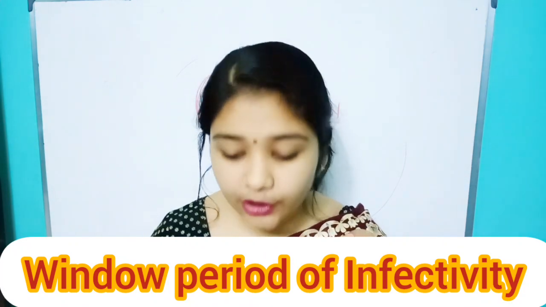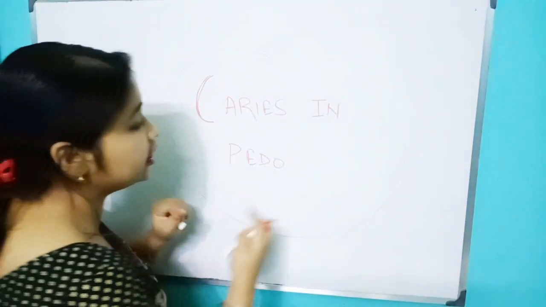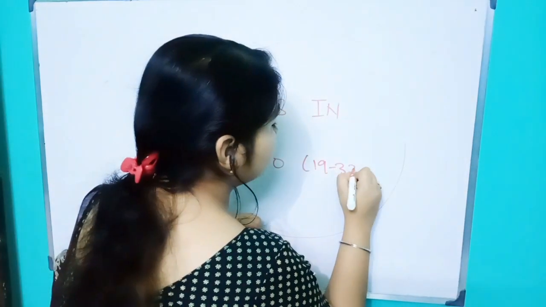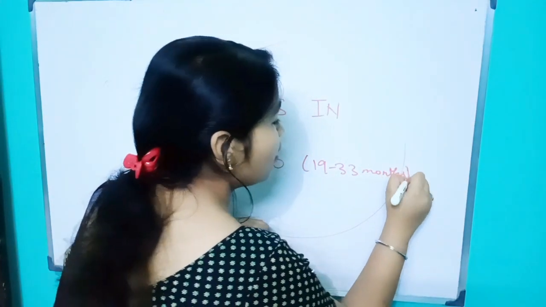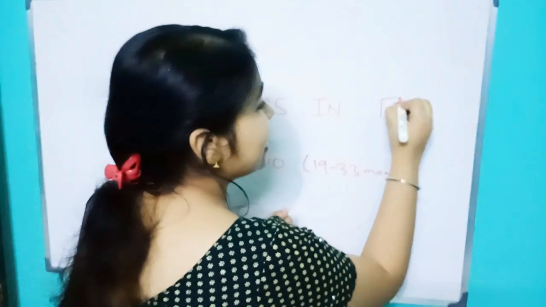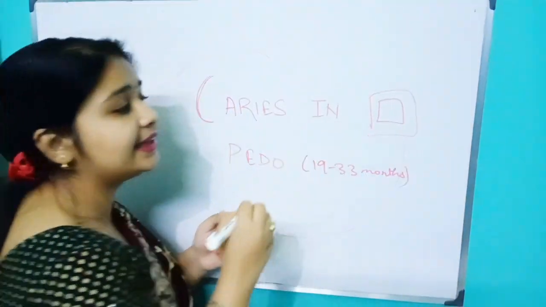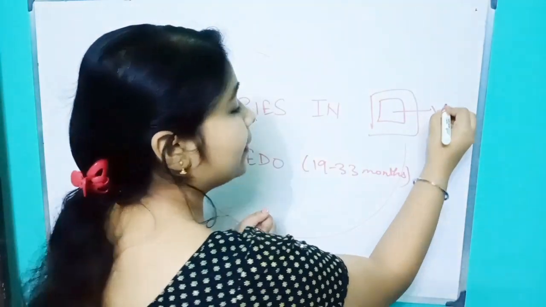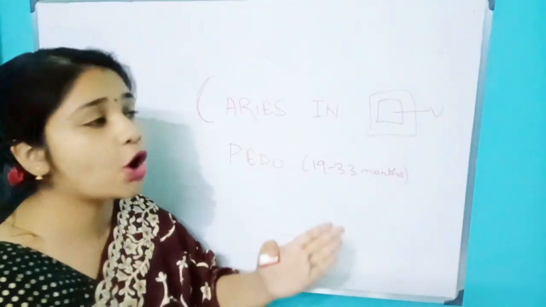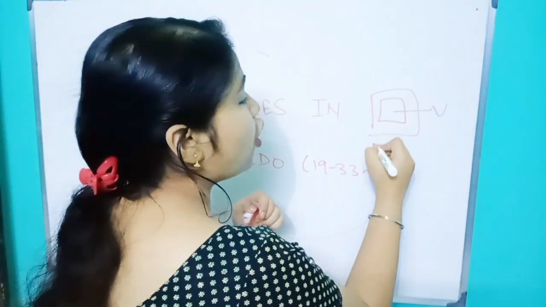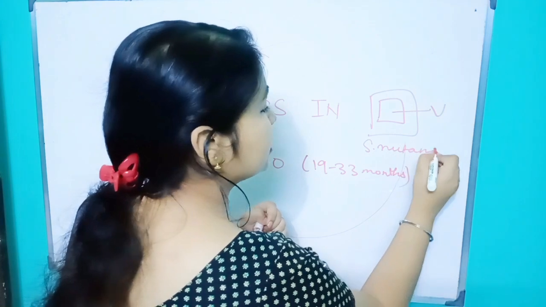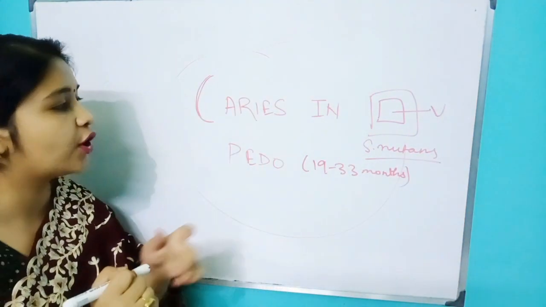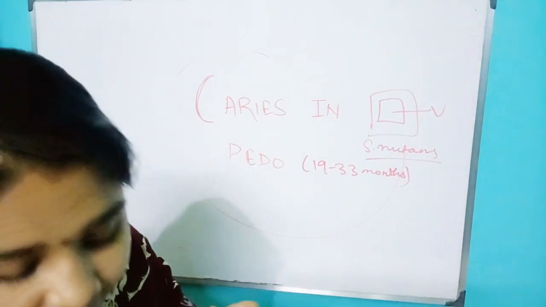I repeat, the window period is 19 to 33 months. The tooth is an example: this is the primary tooth, and the tooth is a virgin habitat for the microorganism. Microorganisms went there and got colonized, for example S. mutans. So this is all about your window of infectivity.